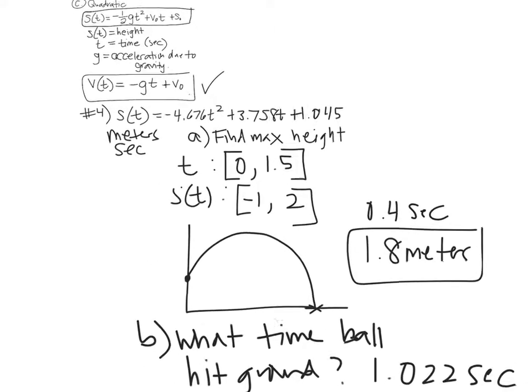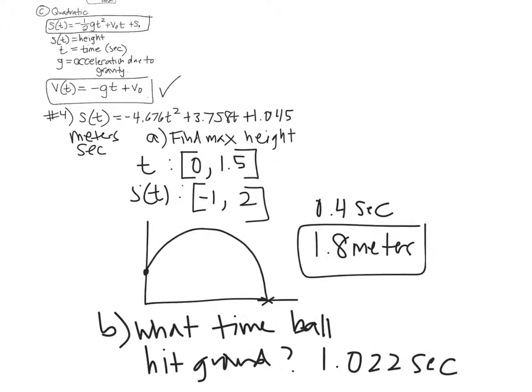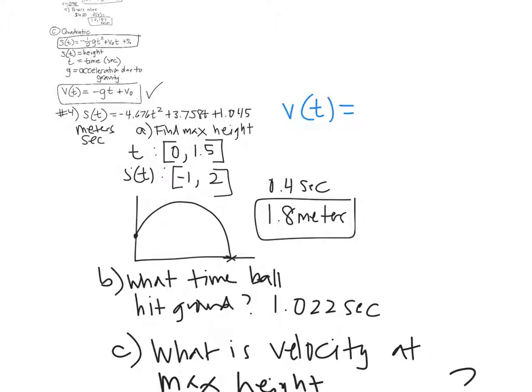But there's a really easy way to find the velocity equation when you're given this. The velocity equation, v of t, is to take this number, -4.676, and multiply it by 2. That gives you g. G's a little bit off. It's negative 9.352.